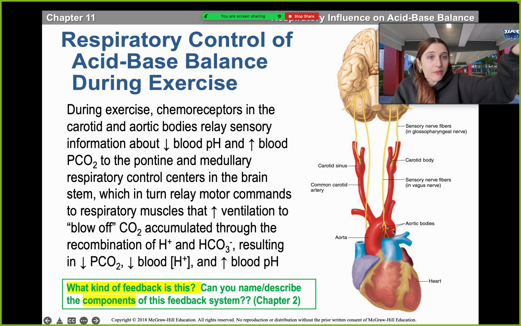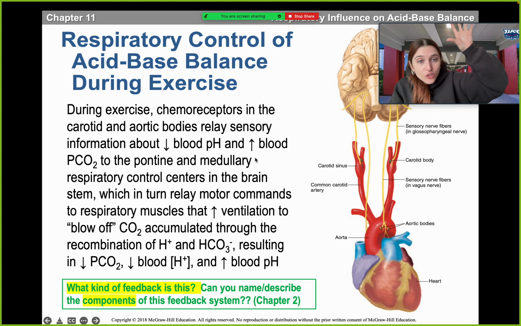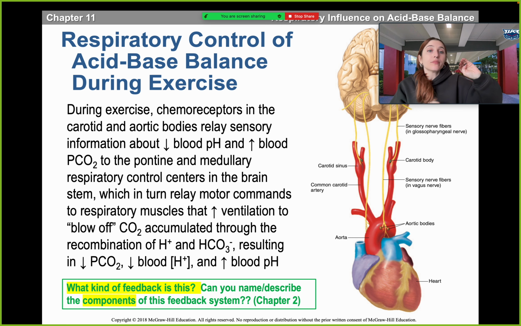Then they send their information to the control center. The control center is the respiratory control center in the brain, the pontine and medullary respiratory control centers. That control center then sends a message to the effectors to do whatever they need to do. What are the effectors? The effectors are the respiratory muscles, the ones doing the changing.